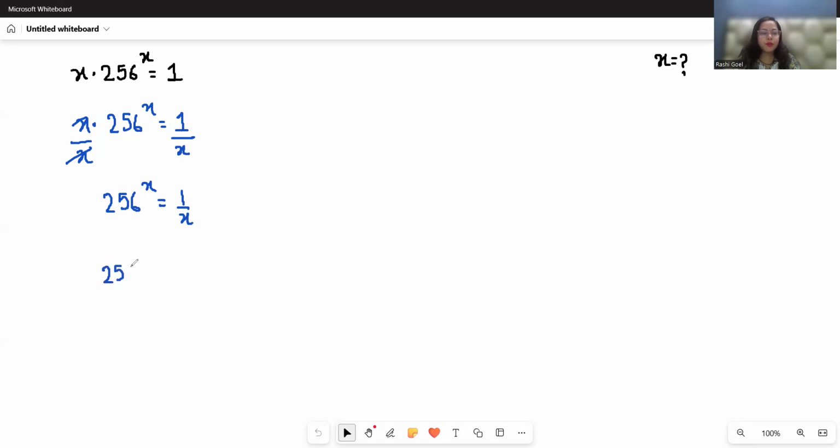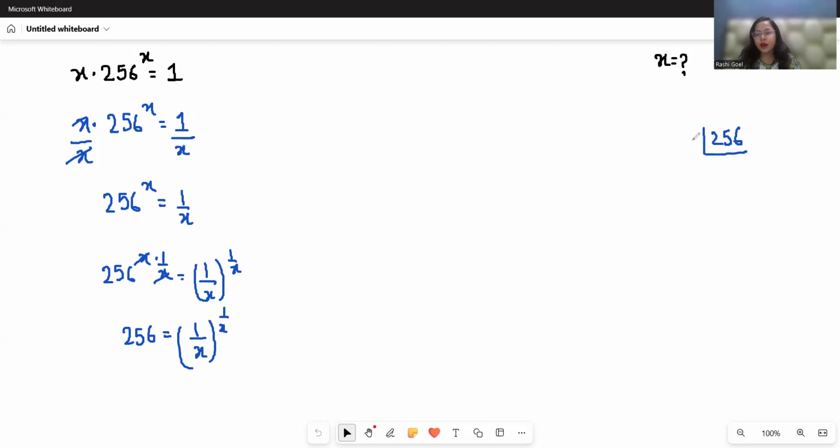Now I am going to raise both sides to the power 1 by x, to remove x from the left hand side. So it becomes 256 equals 1 by x power 1 by x. Now 256, if we divide it by 4, we get 64.